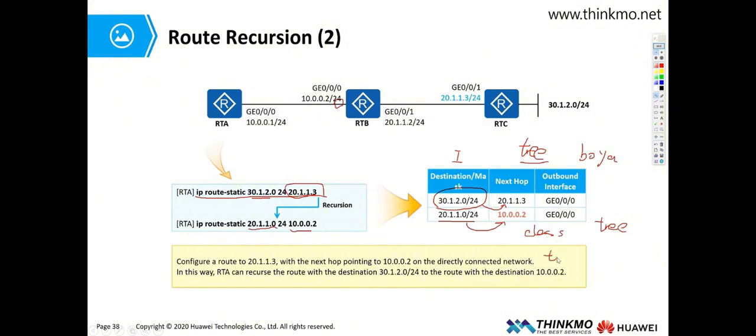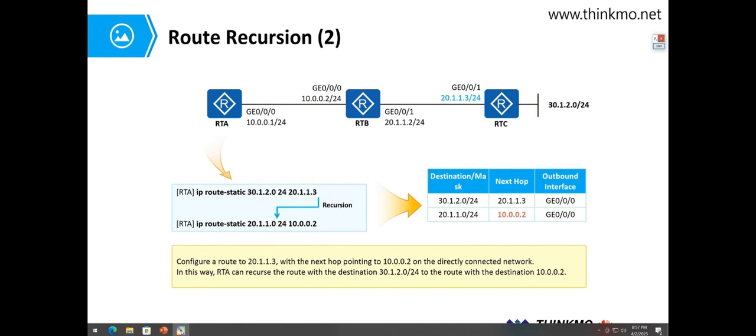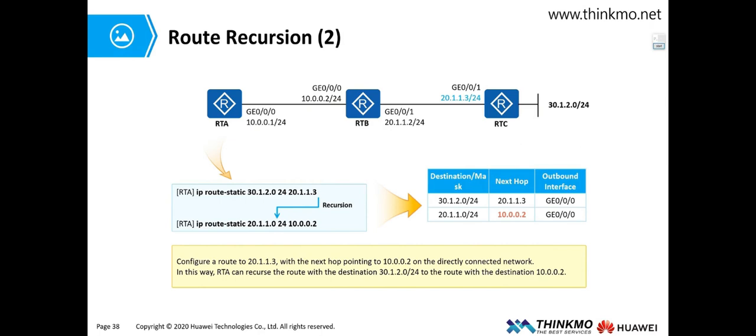First, I need to find Teacher Boya. Then you can go through me to find our Teacher Dashu. This is the same principle. And this is called recursion, meaning I use this intermediary person to find the next person. In this context, this is our route recursion.